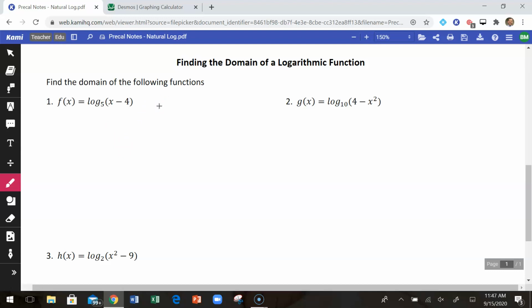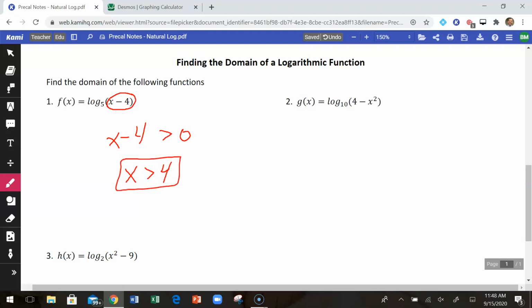So we need to understand that the stuff inside the log cannot be evaluated at 0 or at any negative number. So we are going to take what is inside the logarithm, which in this case is x minus 4, and we are going to make sure that that is strictly greater than 0. Again, because there's a vertical asymptote at 0, we can't equal 0. We also can't be to the left of 0. So x minus 4 has to be greater than 0, so x in this case would have to be greater than 4.